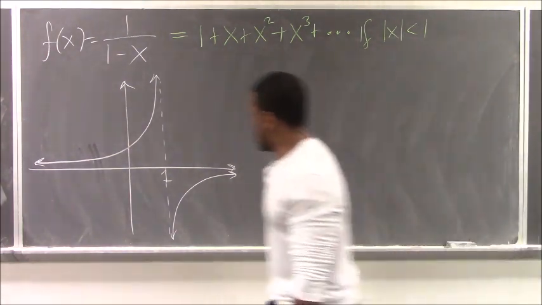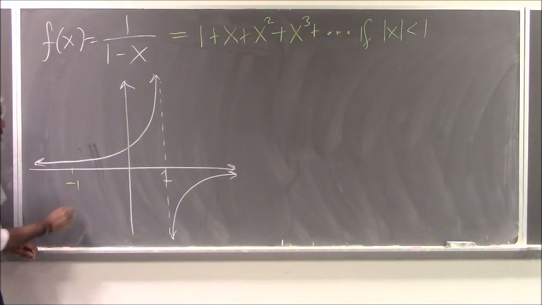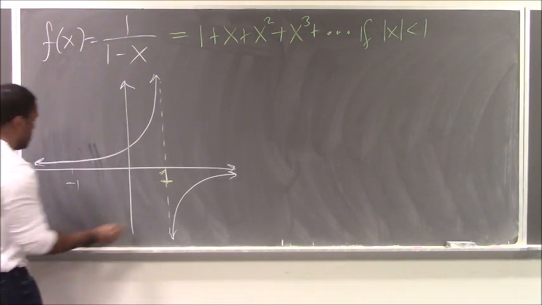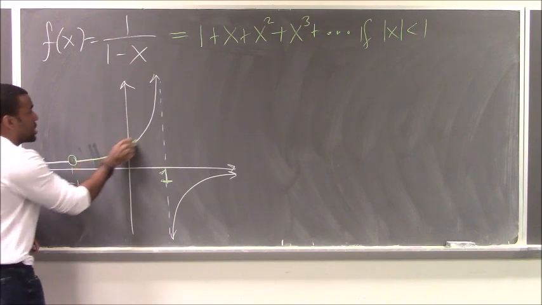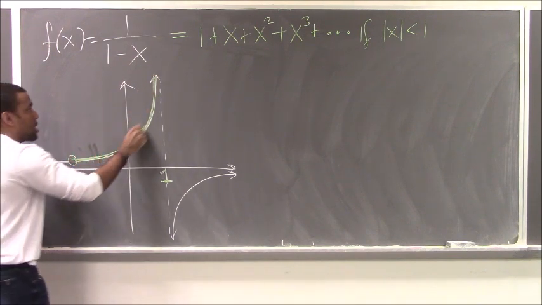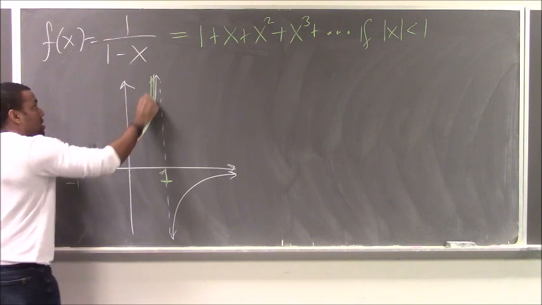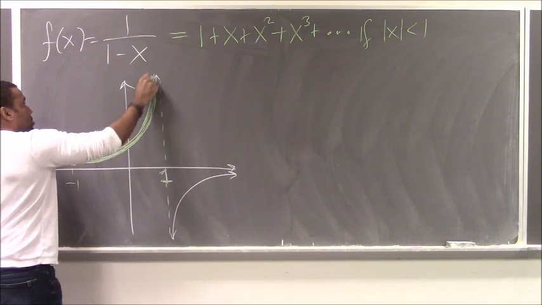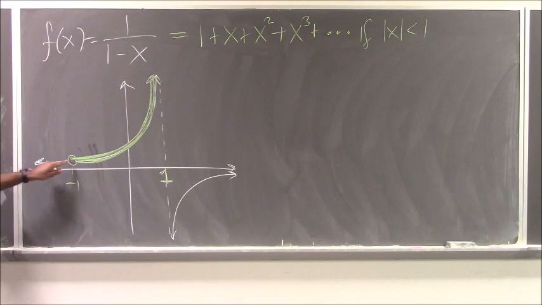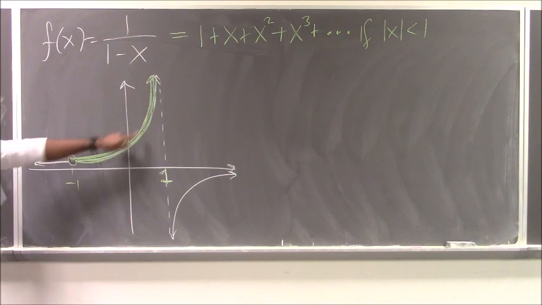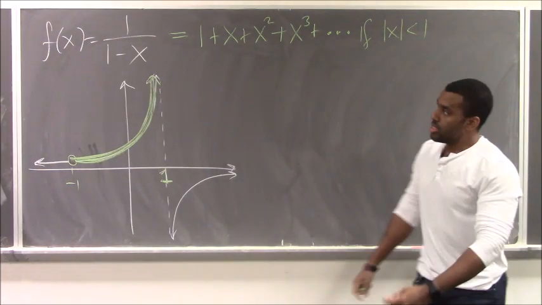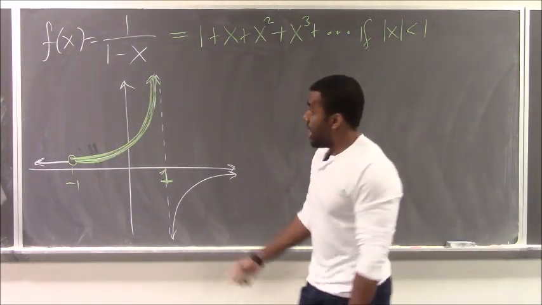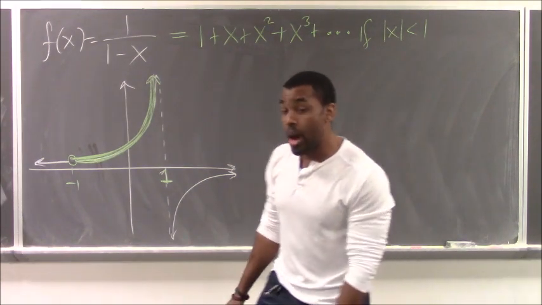And basically what that means is that if I look between -1 and 1, strictly speaking, so if I open up a hole here and just actually draw this part of the curve here, another way to think of this part of the graph is this infinite polynomial. I can actually express this function as an infinite polynomial, as a power series.